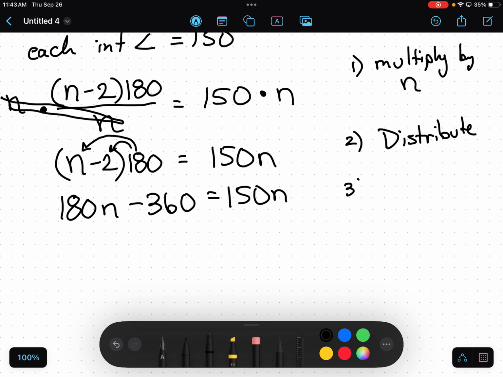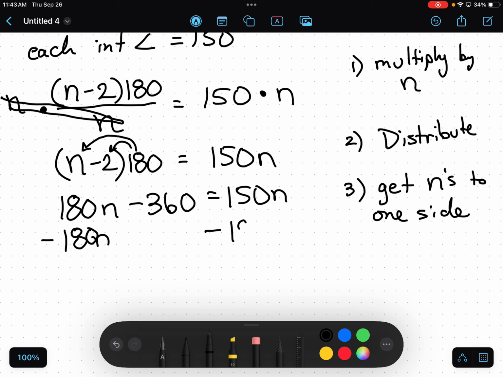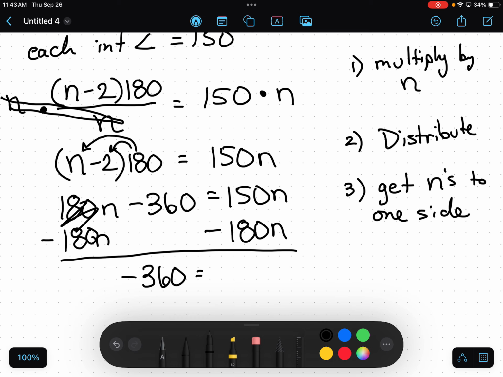The third step is get all your n's to one side. And so for me, I'm just going to subtract the 180n. I'm just going to move one thing instead of moving a bunch. Try to make it as easy as possible for you. And I combine my like terms, then I get negative 30.